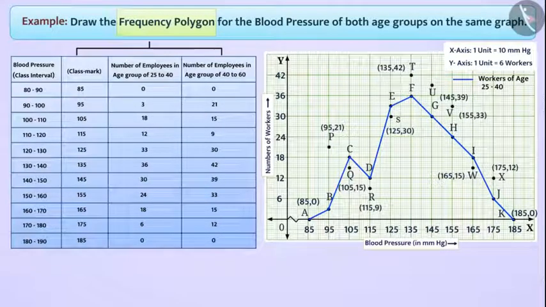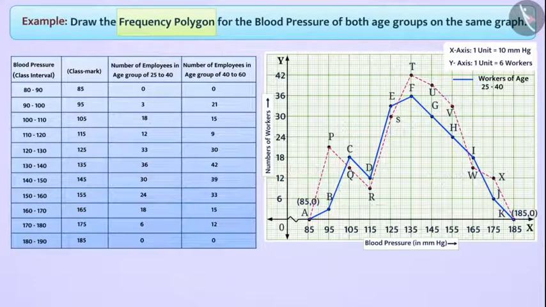We will connect all the points with dotted line segments, which gives us the frequency polygon APQRSTUVWXK, which will denote the number of employees aged 40 to 60 and their blood pressure. To show that a polygon made with dotted line segments represents the number of employees between 40 and 60 years of age, we would write the sign as follows.